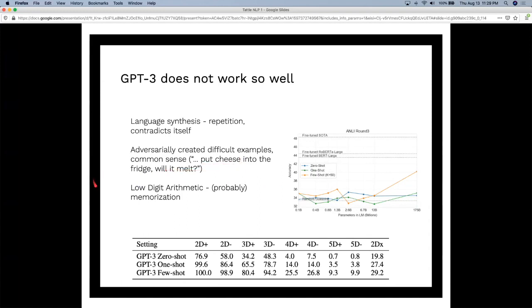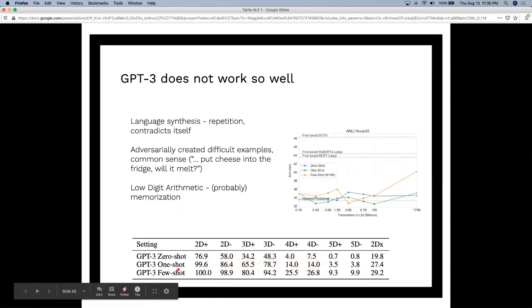The other thing that they claim it works well at, but I can bet a good amount of money that this is probably some kind of memorization. They show that for 2-digit addition and subtraction, up to 5-digit addition, it works. It seems to work. By the way, if you look at the trend, the accuracy keeps going down significantly.